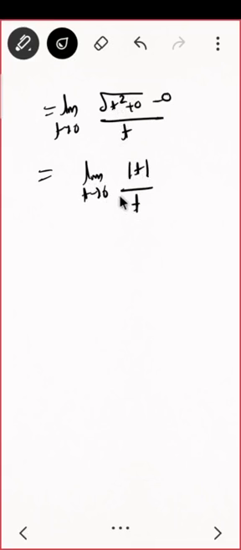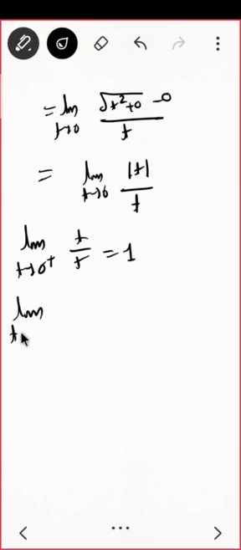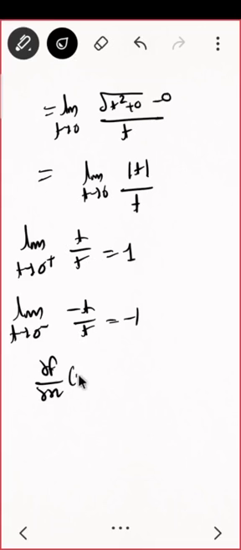Now you see this limit. If I take the limit as t tends to 0 plus, then this will be t upon t, that is 1. If I take the limit as t tends to 0 minus, then this will be minus t upon t, that is minus 1. So the limit at t tending to 0 does not exist. That means dou f by dou x at 0 0 does not exist.